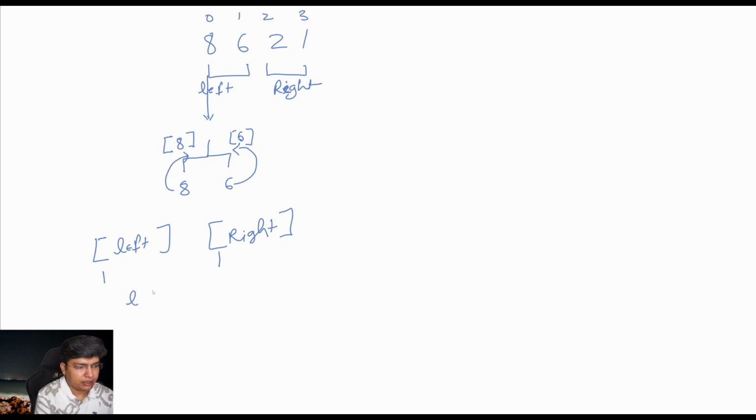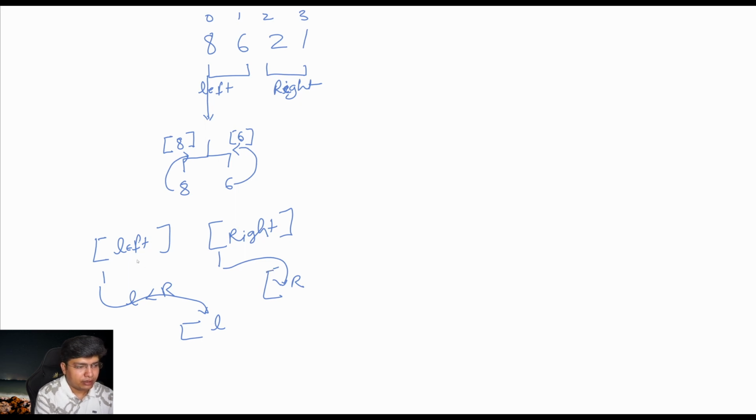Is the left element smaller than the right element? If yes, then it places the element picked from the left array into a separate array. If not, then it places the element from the right array. So whichever is the lesser element is placed into the new array, which is my merged array.